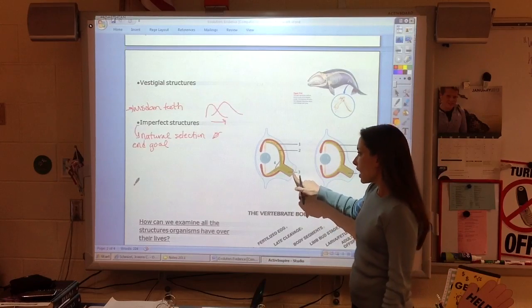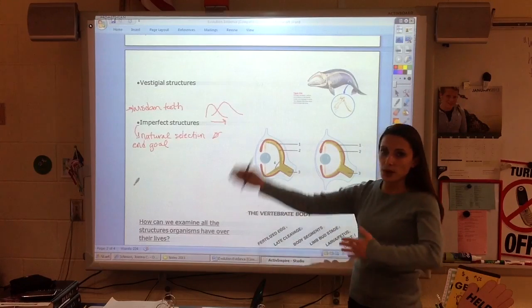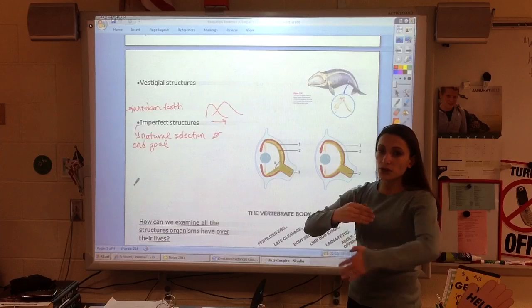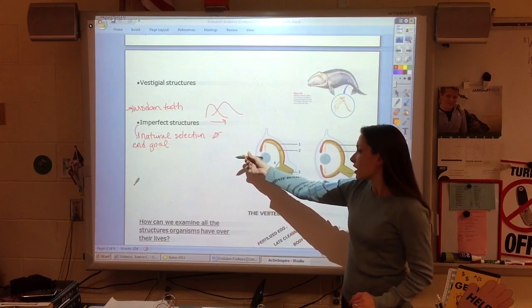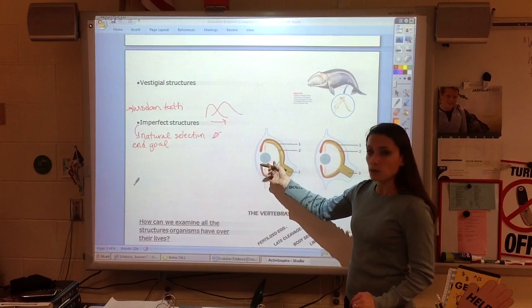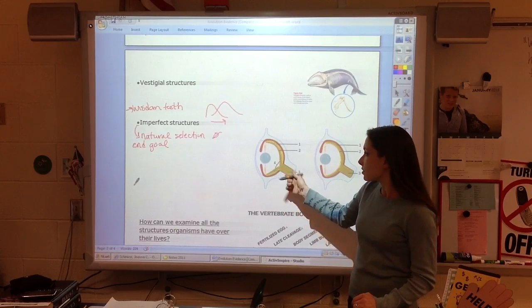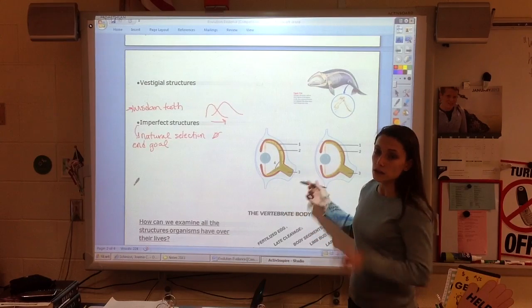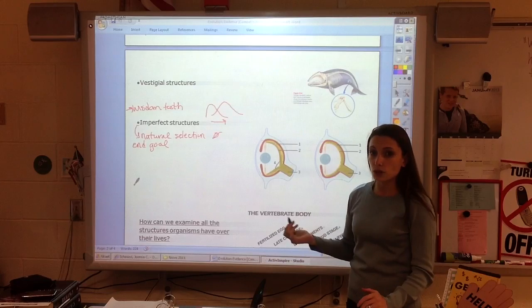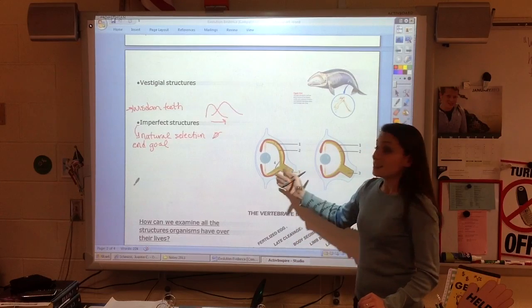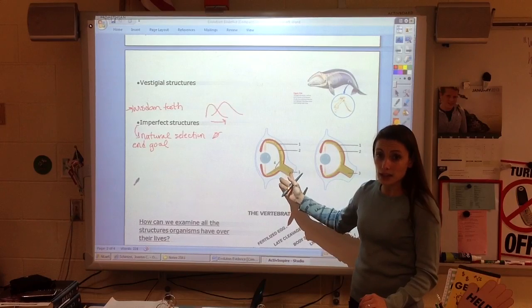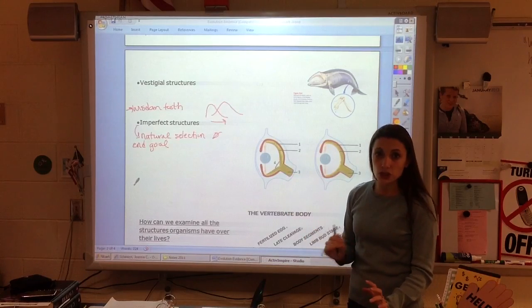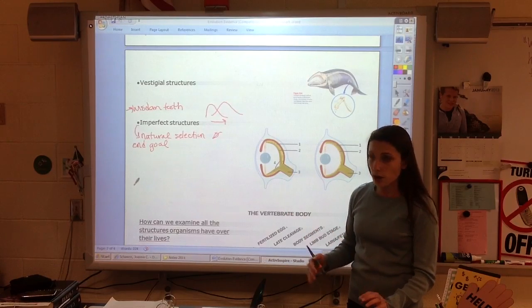In the vertebrate eye, the nerve is in front of the receptor, meaning the light actually has to come in and wiggle through the nerve to get to the receptor, and then the nerve signal is sent to the brain to interpret light. And this is not a good design. It leaves the human with a blind spot, which is why we really need two eyes in order to see very well.